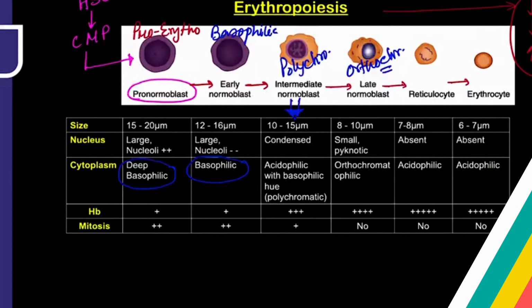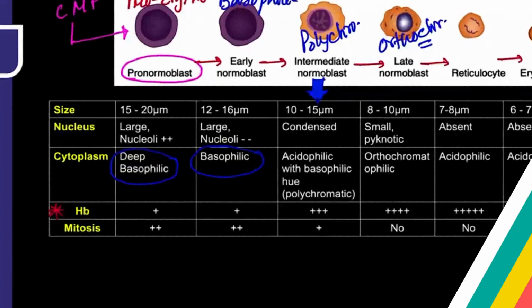Why am I saying adequate amount? Because this is very important for your MCQ. If you look at hemoglobin, it is present even in the pro-normoblast cell, and it is present even in the early normoblast stage. So if the question is in which stage hemoglobin starts appearing, your answer is pro-normoblast or pro-erythroblast.